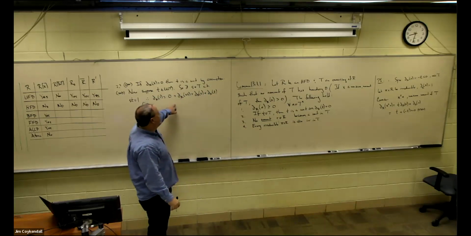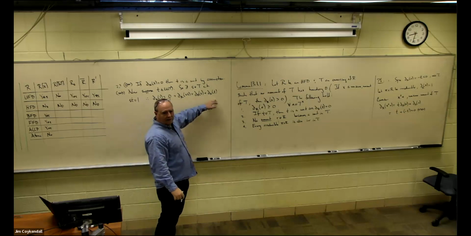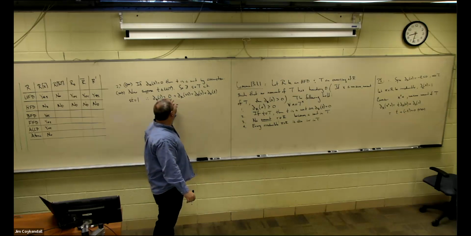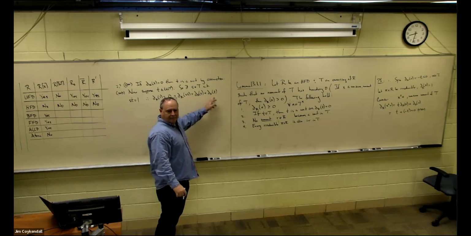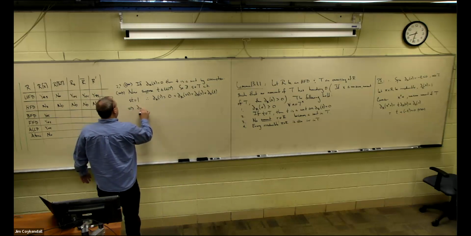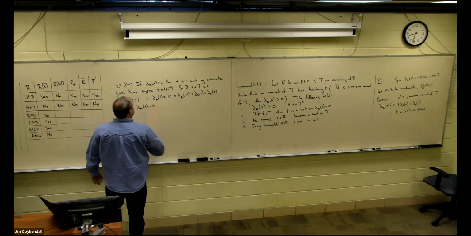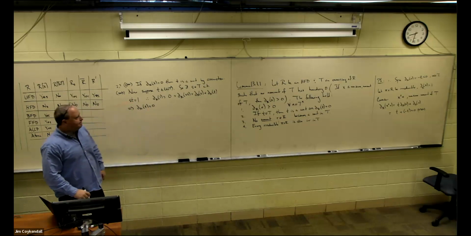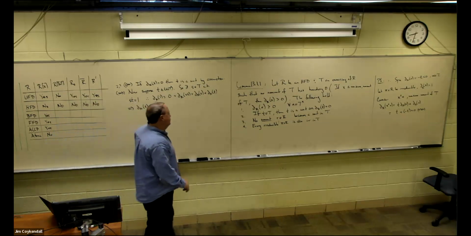And from the previous part, we know that neither of these could be negative, right? And so if you sum two integers, neither of which could be negative, you get 0. This implies the boundary of RT must be 0.